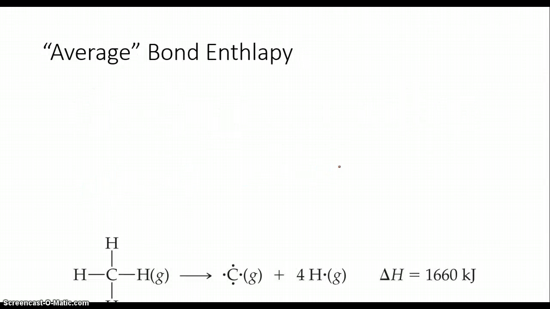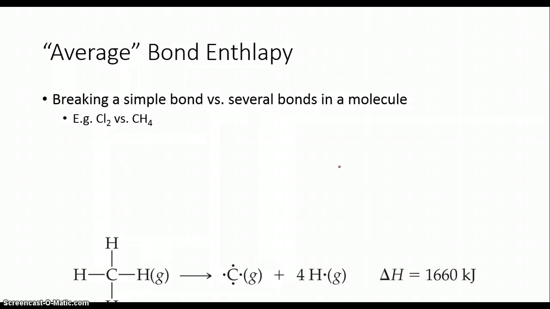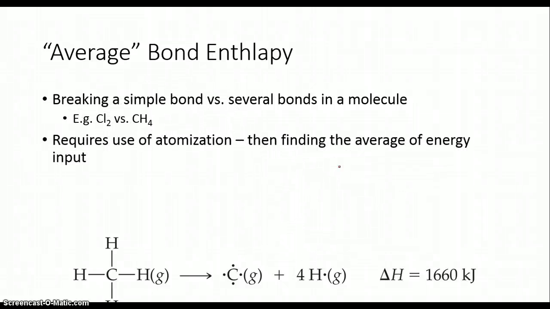Okay, let's move on to your average bond enthalpy. This is a concept that applies more to how they do it. For example, here you see that we're trying to break apart methane. So instead of one simple bond, a single Cl-Cl bond, versus CH4 where there are several C-H bonds, how exactly do you calculate that? Well, it turns out that you can use something called atomization, where you take the average.